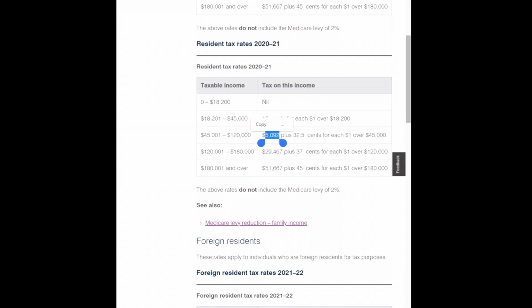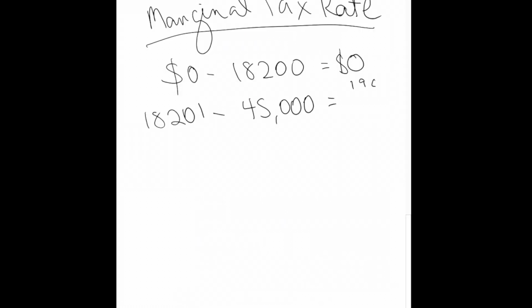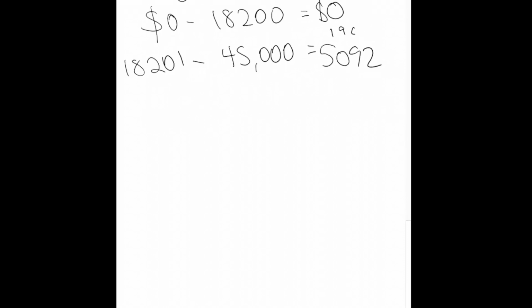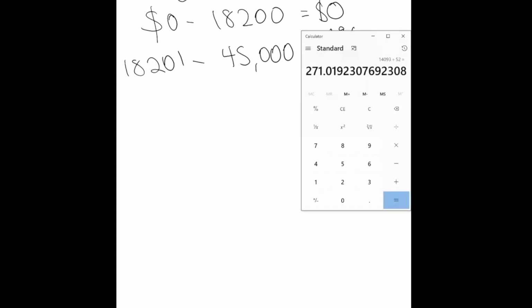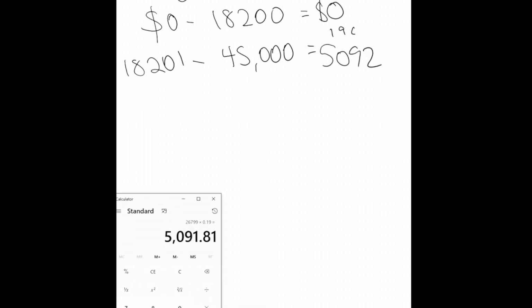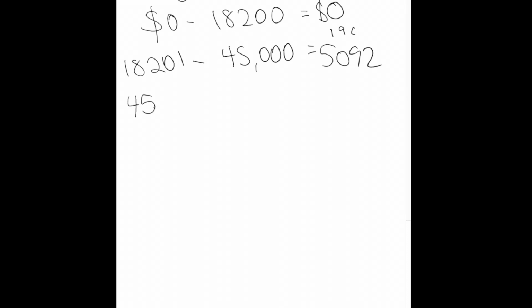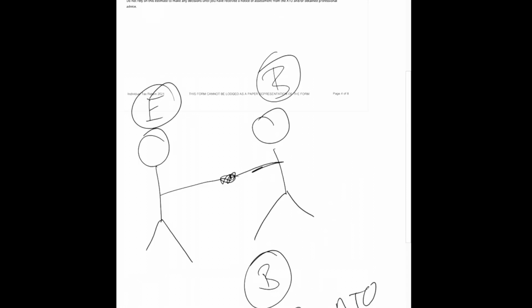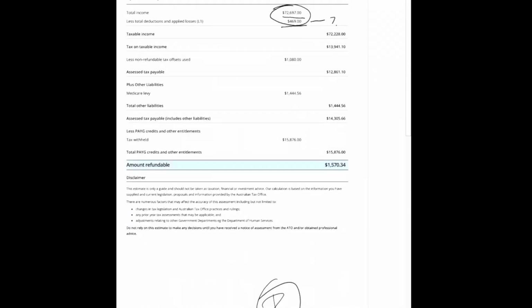So as we can see, the calculation has been done there for us: $5,092 on that amount, between $18,201 and $45,000. So on the $26,000, $5,092.